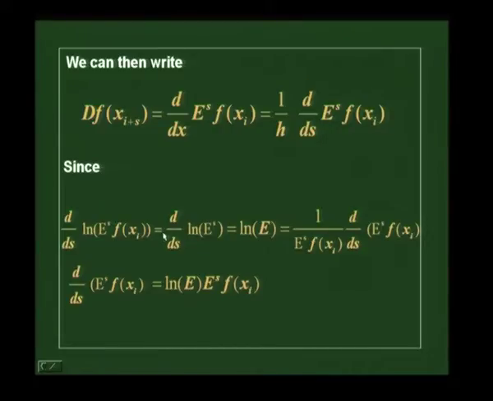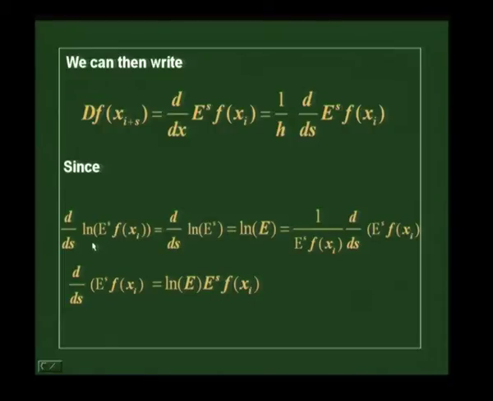But if I look only at this part, it is the derivative of a log, that is 1 over the argument multiplied by the derivative of the argument, that is 1 over e to the power of s f of x_i times d/ds of that argument. But d/ds of e to the power of s f of x_i, that part is log e into e to the power of s f of x_i. So I am using this formula.